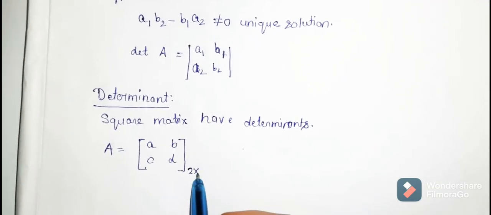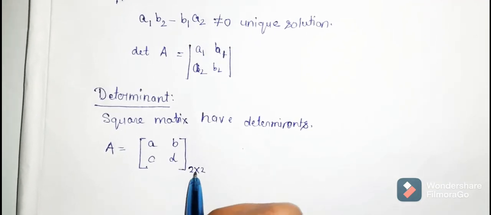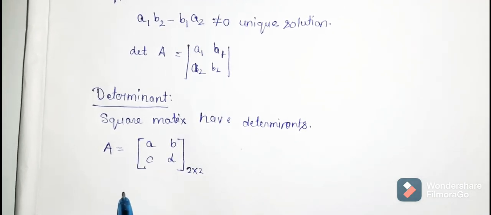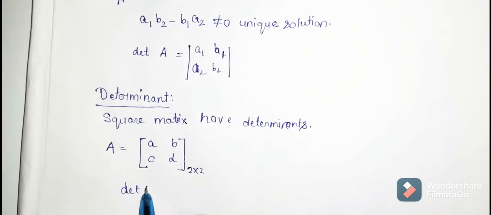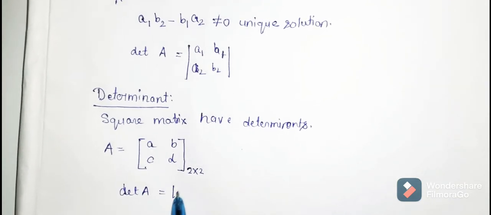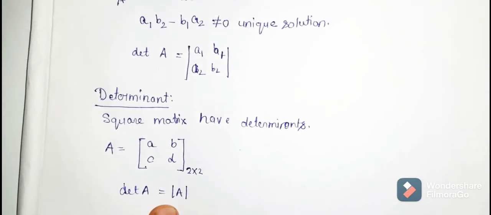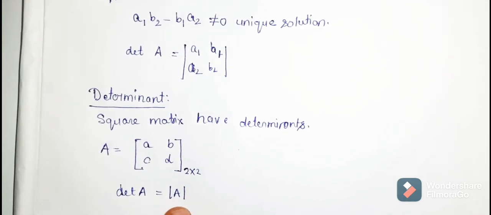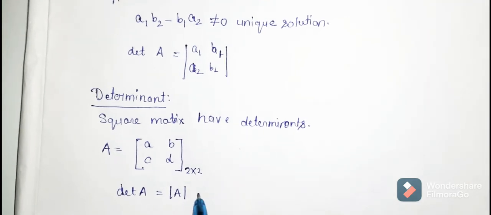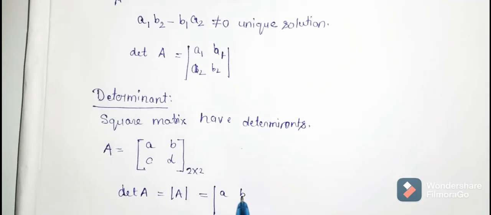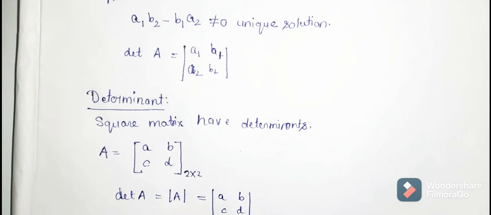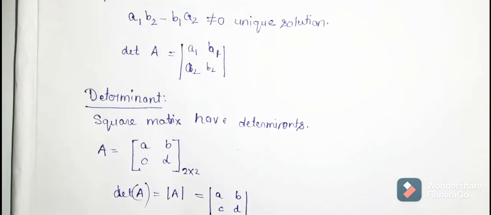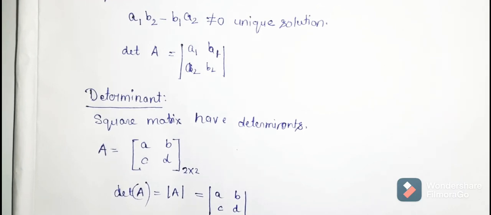This is a 2 by 2 matrix, means the order is 2 by 2. Then its determinant is written as det A or in this form. In general we write this sign for modulus, but here it is determinant, and this is written as a, b, c, d. So this is the determinant.